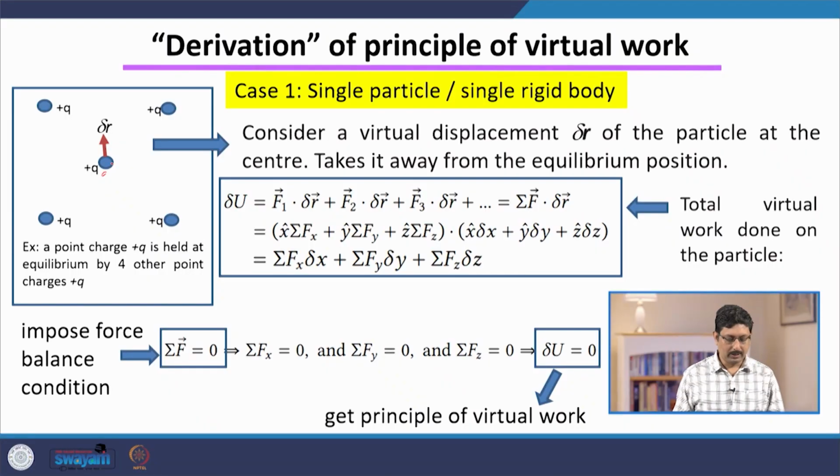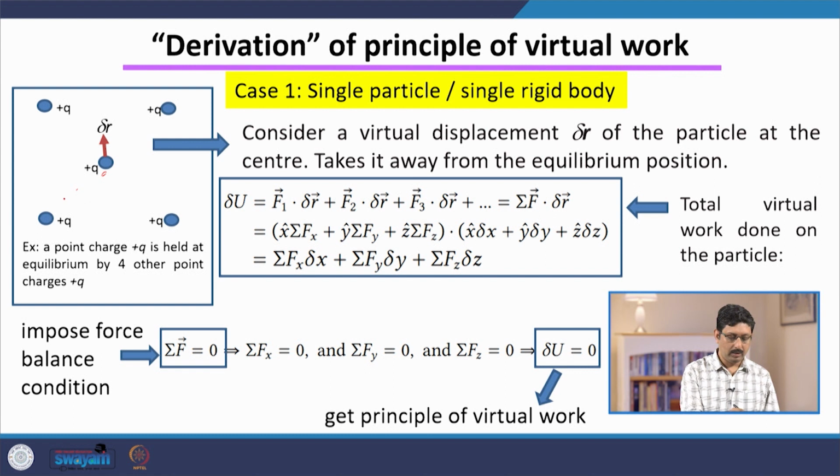Here is a picture. Let us consider a point particle, let us say a point charge q, placed at the center of a square. There are 4 other charges at the corners of the square. You can see all the charges are positive.